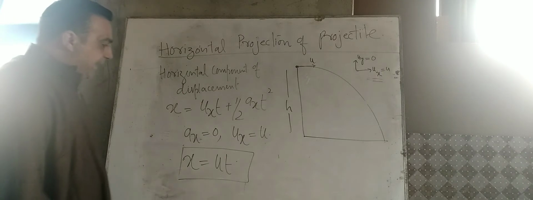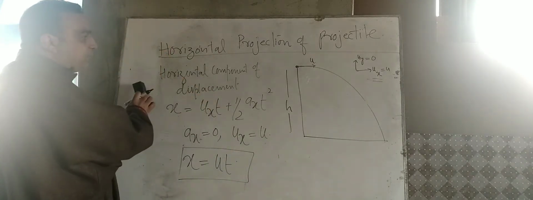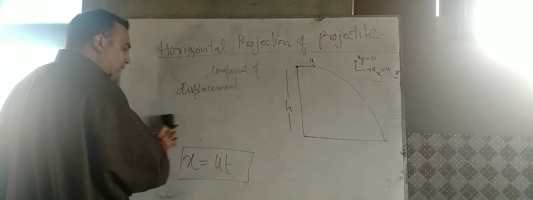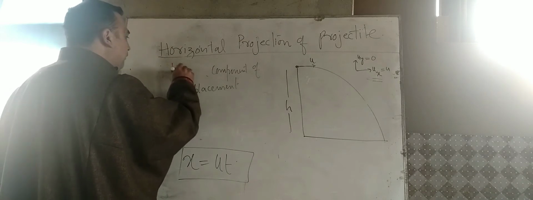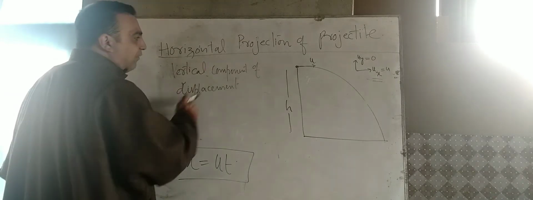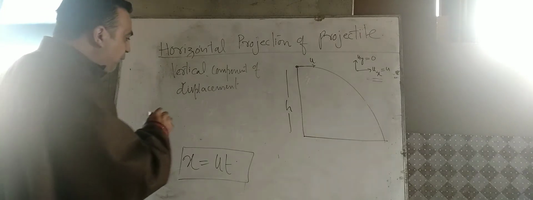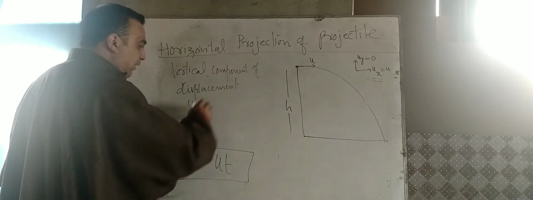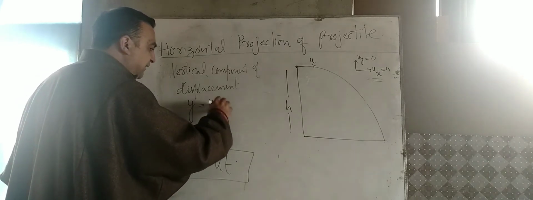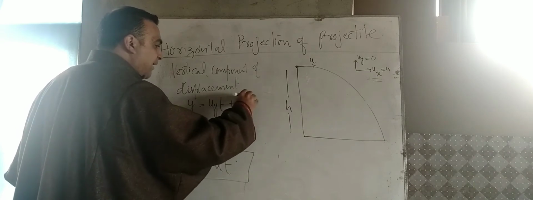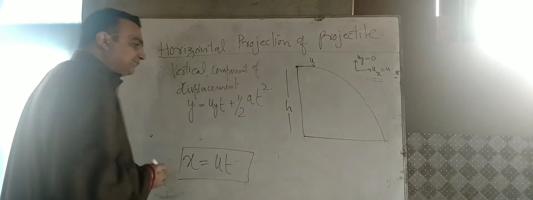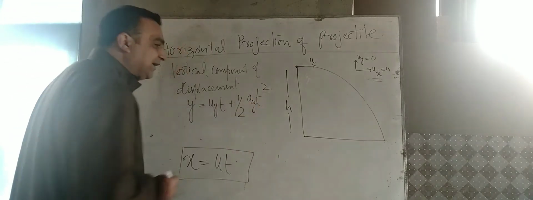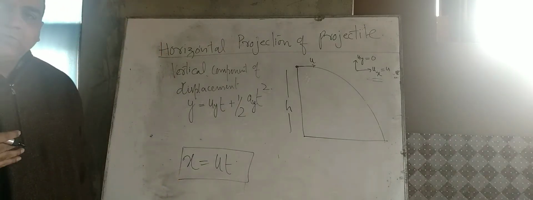Alright. Now, let us write down the vertical component of displacement. What will be the vertical component of this displacement? That will be y = uyt + 1/2 at². Now this a is ay, because the acceleration should be along the y-axis.